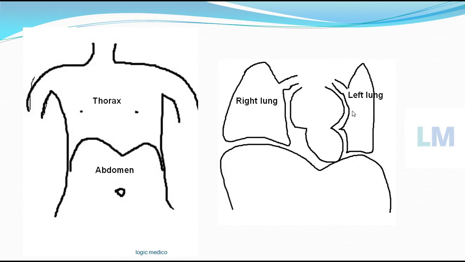Between the two lungs, in the middle, the area is called the mediastinum, where the heart is situated with its four chambers. This is the muscular partition called the diaphragm, beneath which are the liver, spleen, stomach, small intestine, large intestine, kidney, ureter, all the organs placed in the abdomen. So this is the diaphragm partitioning the thorax from the abdomen.